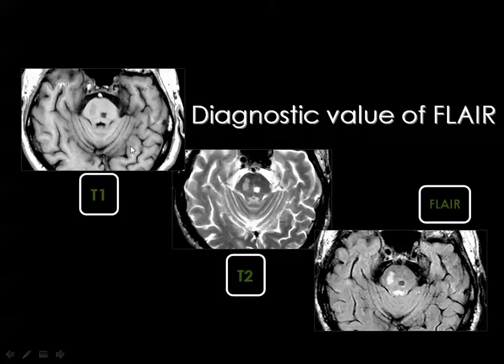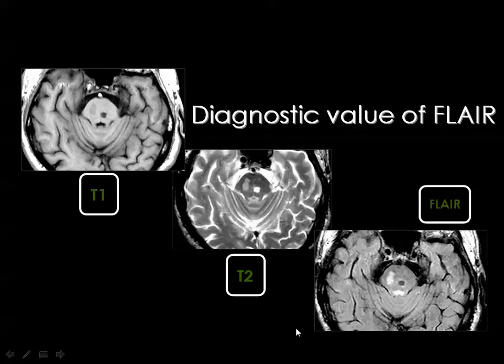Then if you look here, this is T1 weighted image, this is T2 weighted image, and this is FLAIR. In this patient we have two lesions in the brainstem. The lesions are infarcts. They appear of low signal in the T1, high signal in the T2. But because of the difference in the chronicity of these two infarcts, we have in the FLAIR images one black and the other bright.